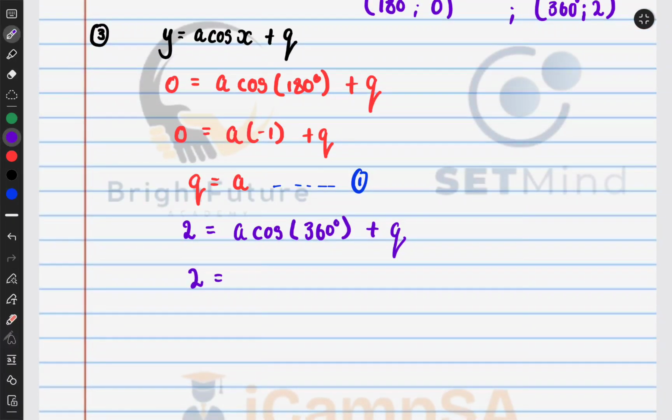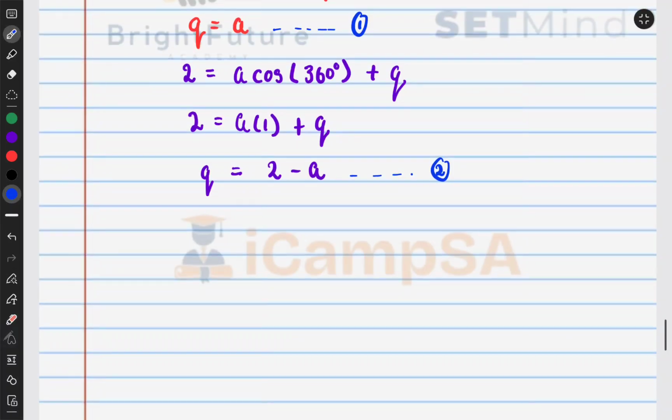Therefore, we're going to have 2 is equal to a into 1 plus q. Let's make q the subject again. q is equal to 2 minus a, and that is our equation 2.